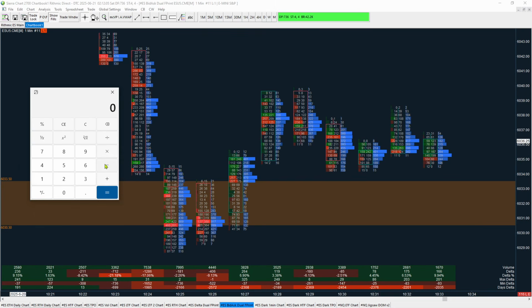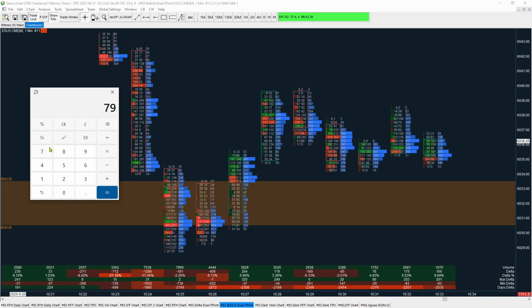And if it's selling, it's a minus, so minus 161 plus 240. So 161 sellers added to 240 buyers. What's the difference in that? 79. So a total of 79 buyers, strong buying contracts, stronger in this little area.